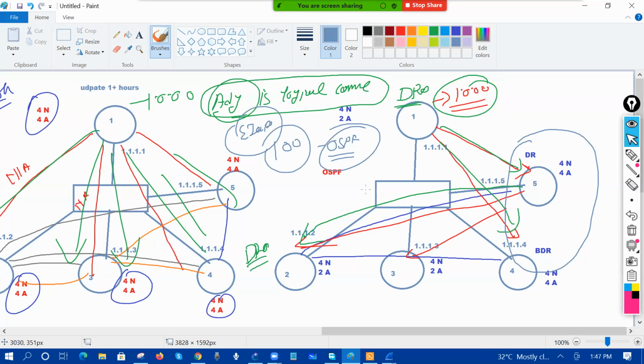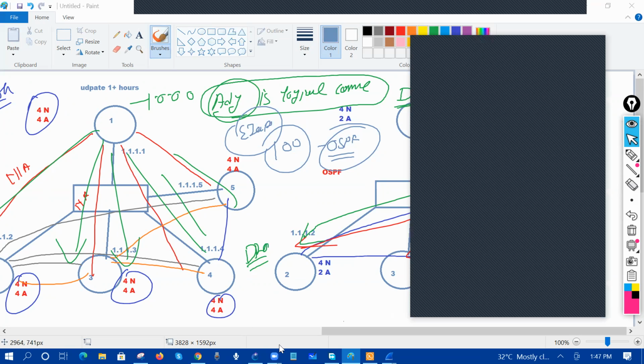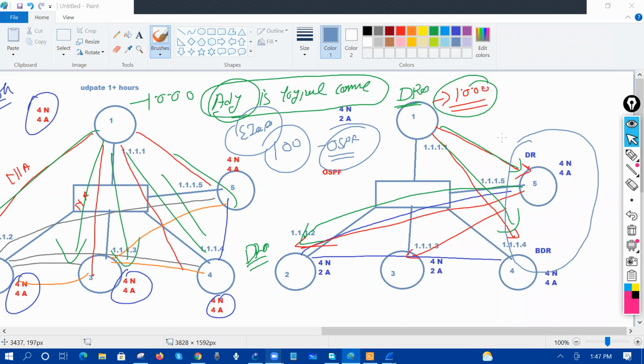This is one of the main differences between EIGRP and OSPF. Clear now? Any questions?